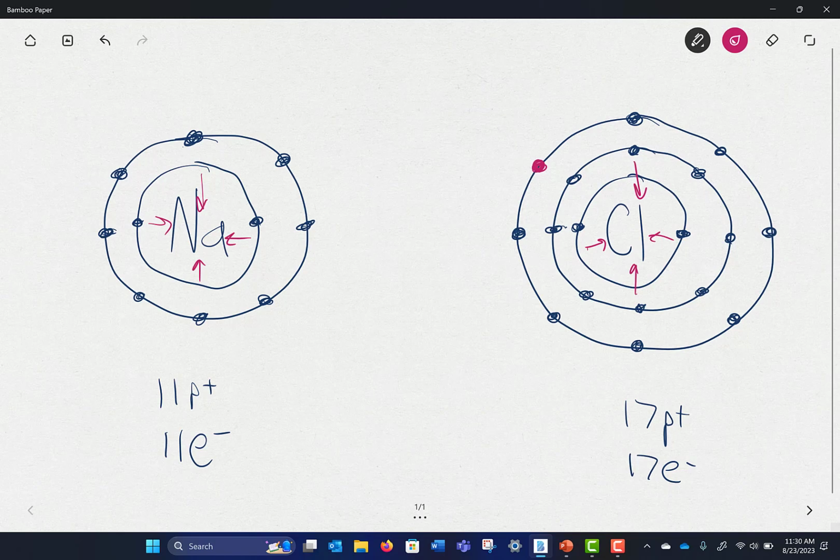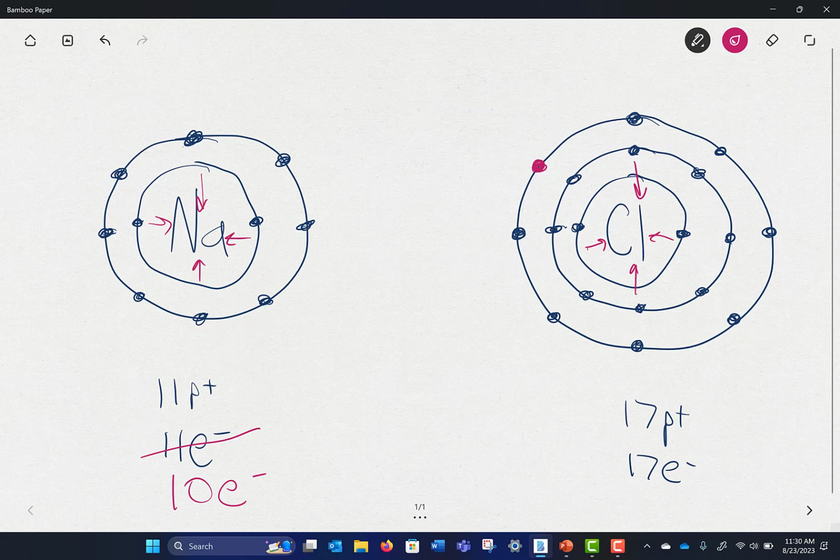But we end up with another situation. How many positives does sodium have right now? How many protons does it have? It has 11. How many electrons does it have? It only has 10 electrons. There are more positives now than negatives. It is no longer in its natural state.